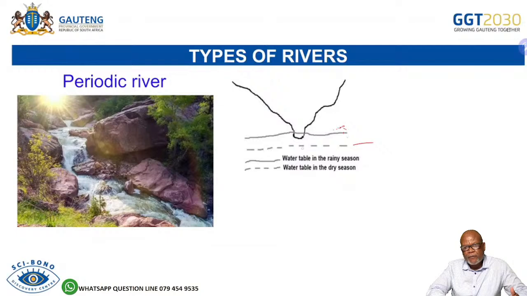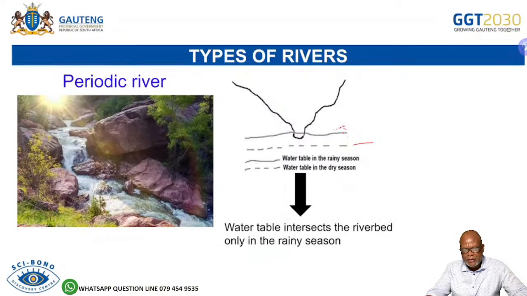So during dry season, this river will not flow, because the water table will only intercept the riverbed during rainy season. That is why it will only flow during rainy season.